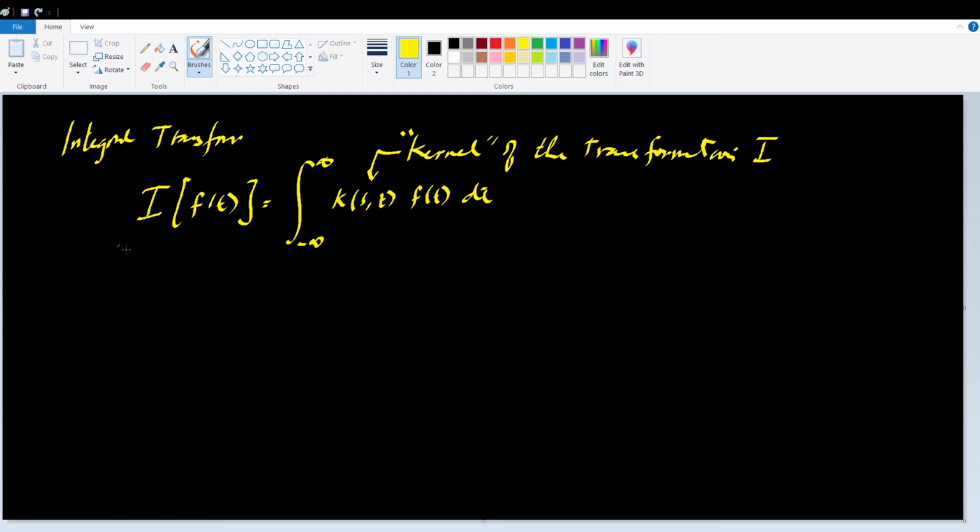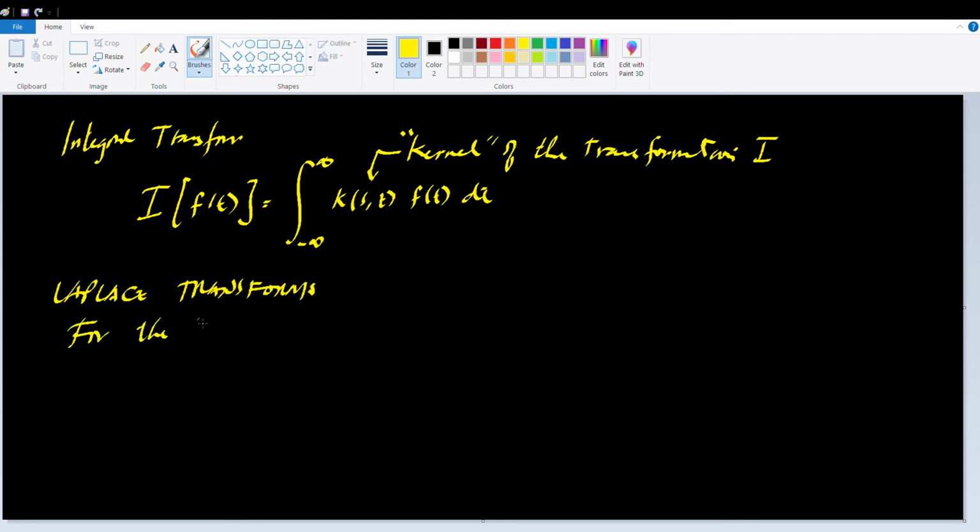An example of this integral transform is the so-called Laplace transform.